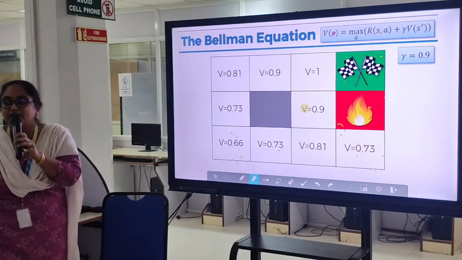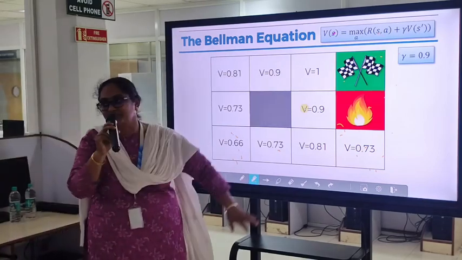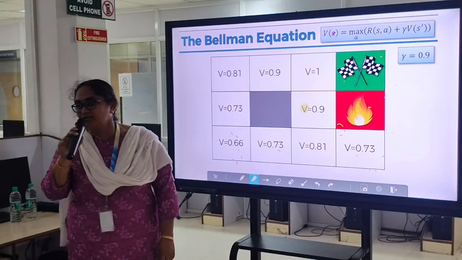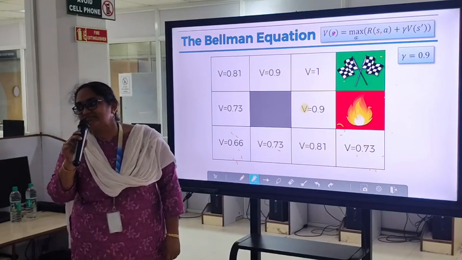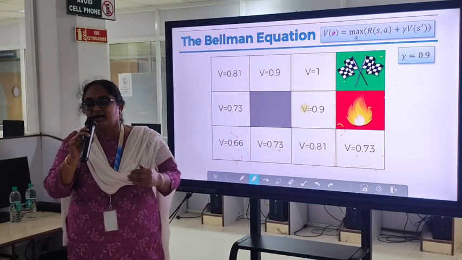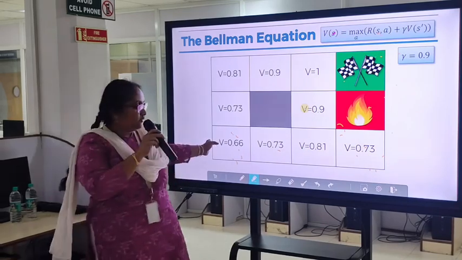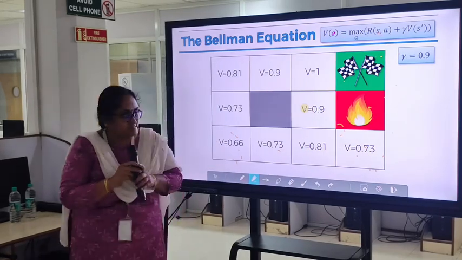Okay, so how do we calculate these values from this formula? Given that we are taking gamma equal to 0.9. The way we have to calculate is always a bottom-up approach, from a source.